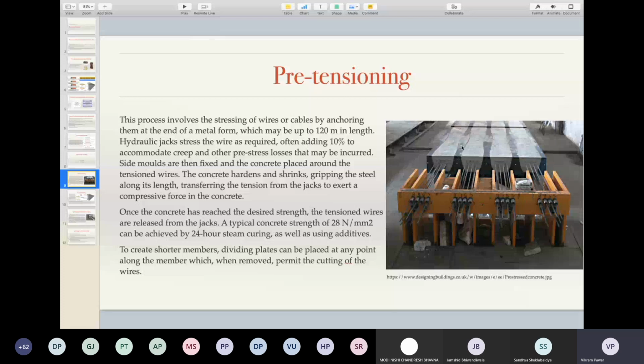One mold can be used n number of times. If it is a metal mold, it will last for a longer time, or it can be a concrete mold. Which means that this pre-tensioning involves a method by which the more number of units you are able to extract out of the mold, the more economical it will be.